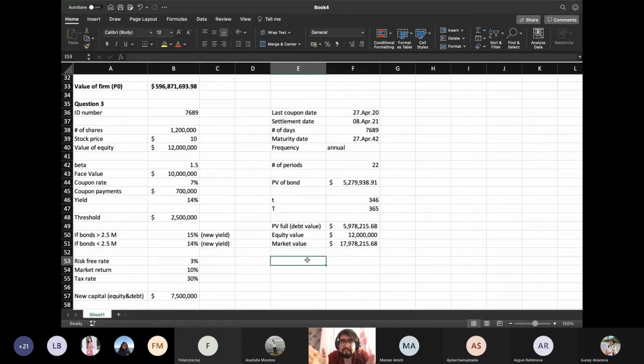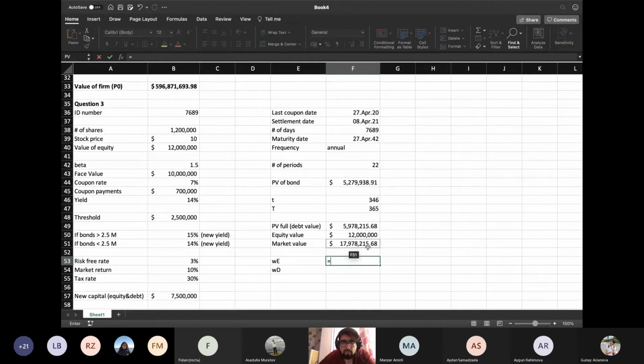From here, we can easily obtain the ratios, weights, weight of debt and weight of equity. Weight of equity is equity value divided by market value, total value.